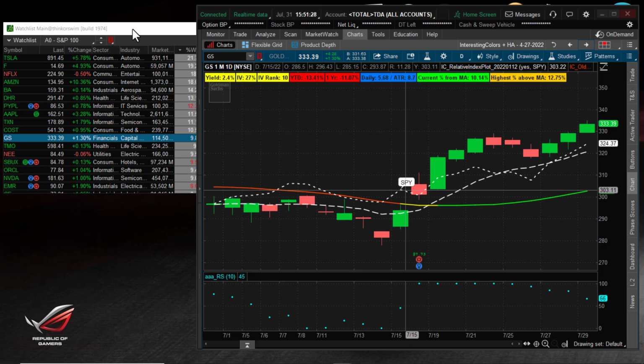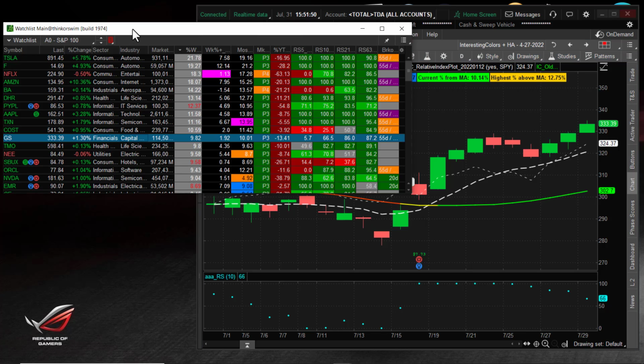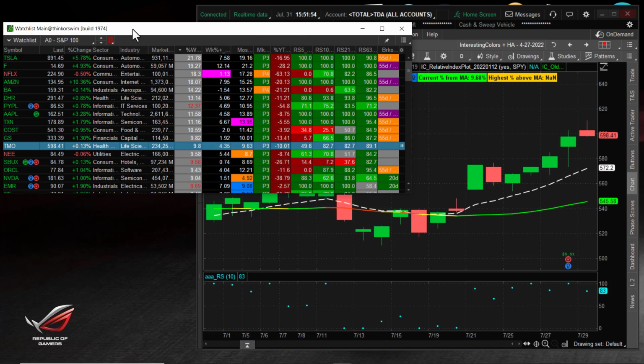Initially it started out that SPY was here and we were there, but as we move from 10 days back to the current day, we've actually increased in rank over the SPX. So Goldman Sachs has done very well over that time period, and we're sitting at the 66th percentile. The way you use these is you can just look at the colors. That part is pretty cool.